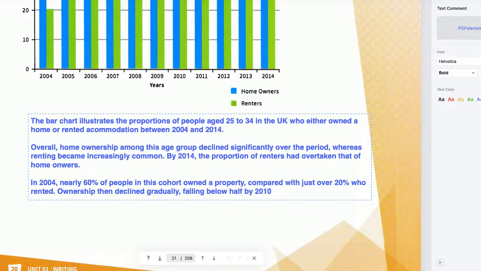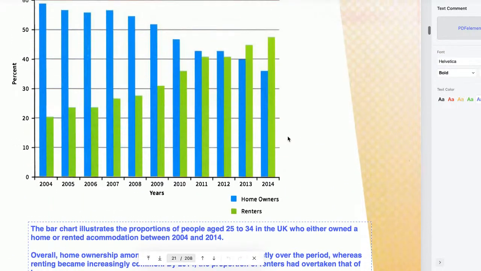And finally, it went down to what? How many percent in the final year, 2014? The last year, 2014, how many percent? Yeah, somewhere like 35, 36%.